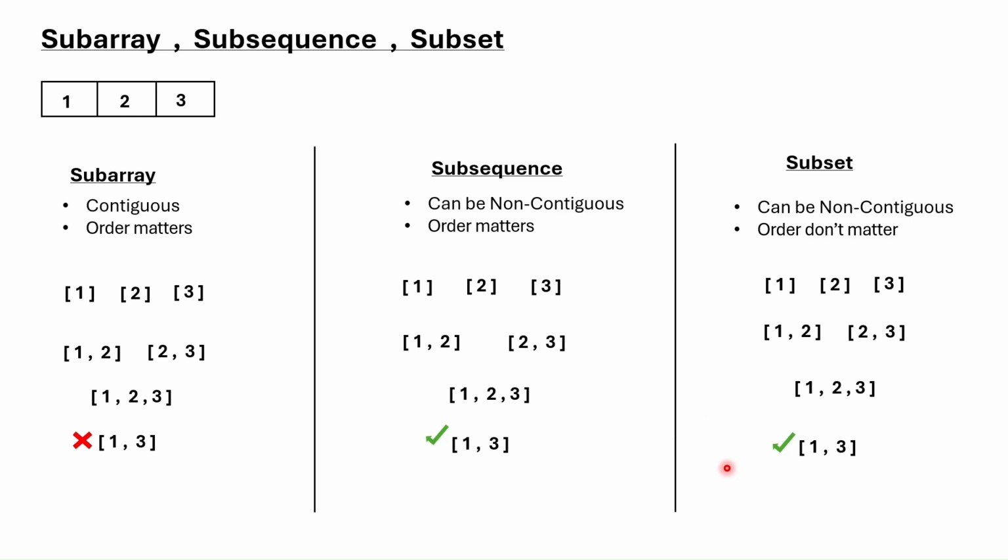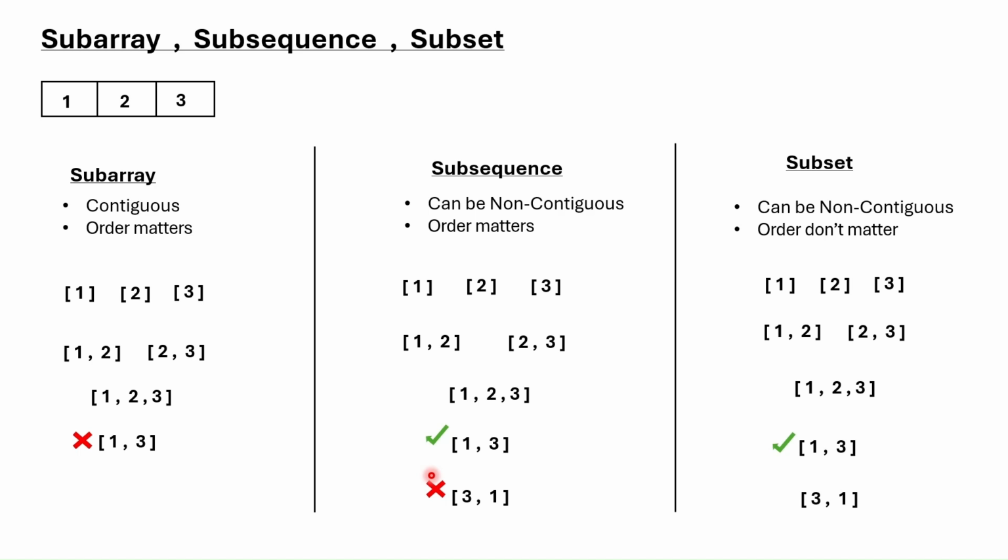So let's now look at 3 1. Can 3 1 be a subsequence? Now look, 3 1 is non-contiguous. But look, firstly we have 3, then 1, so its order is changed. So 3 1 cannot be a subsequence.